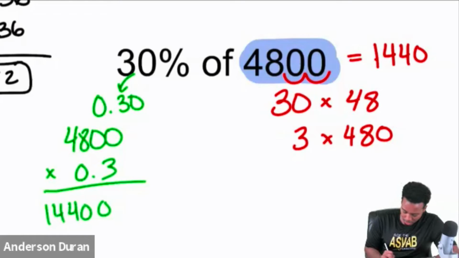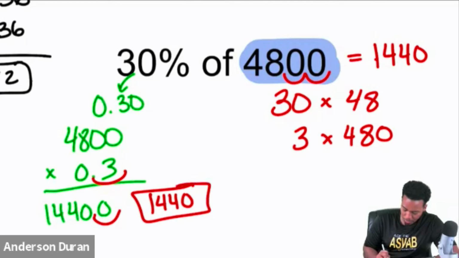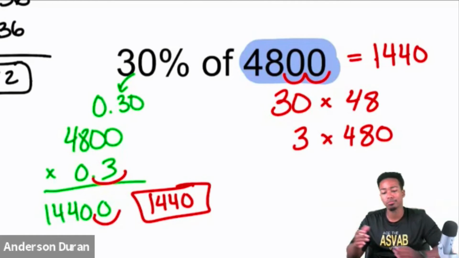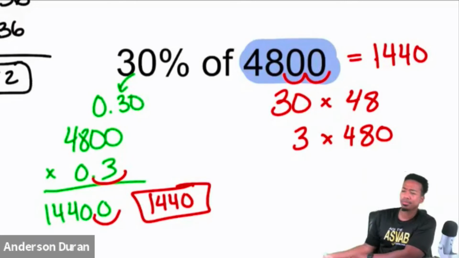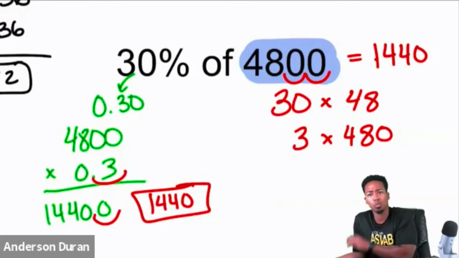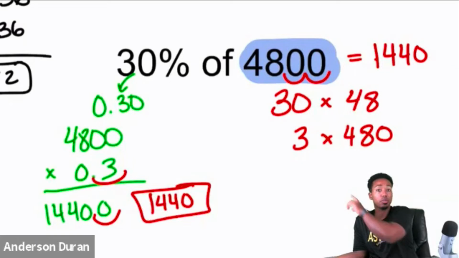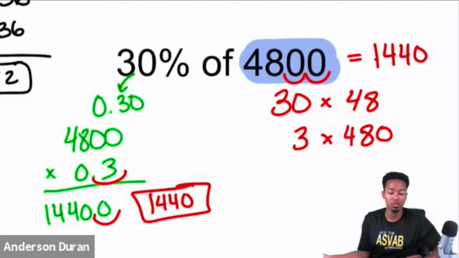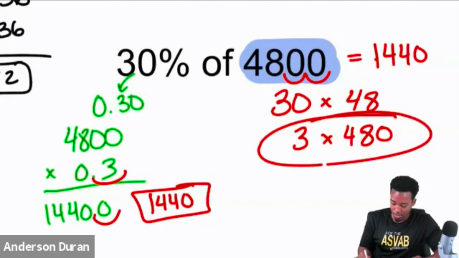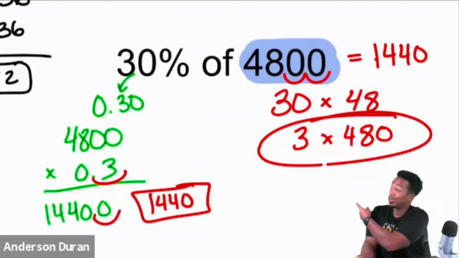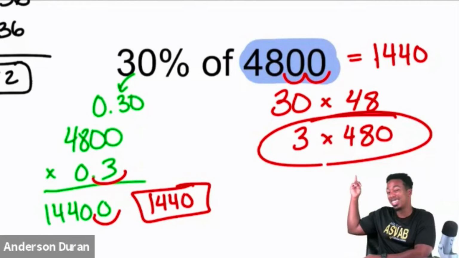And then we take that decimal, put it back for 1,440. But another way could simply be, I can just move the decimal place once with the decimal, once with the number, to make a total of 2 decimal movements. And you can end up getting 3 times 480, which arguably is probably the easiest thing that you'll do.